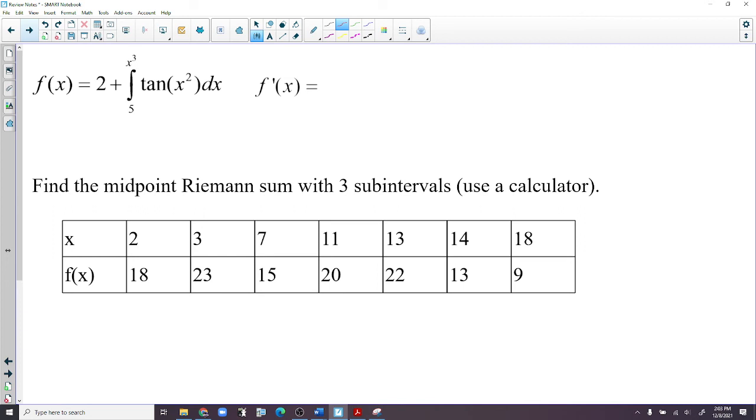Try that one. This one is not a mistake. F of x is that. What would f prime of x be?